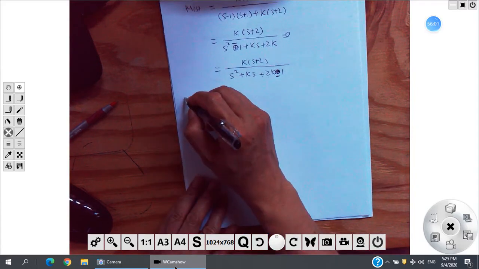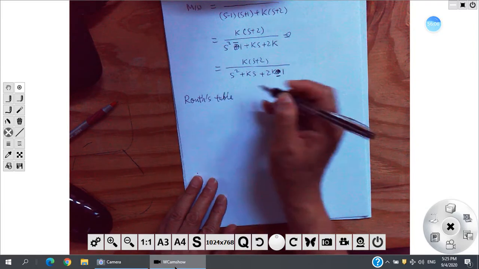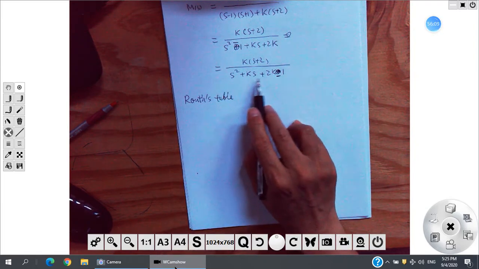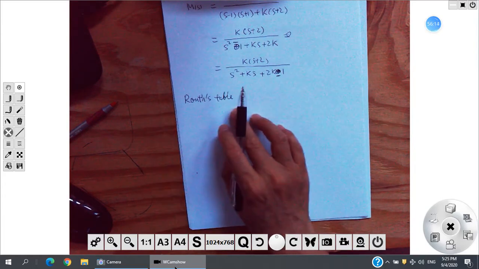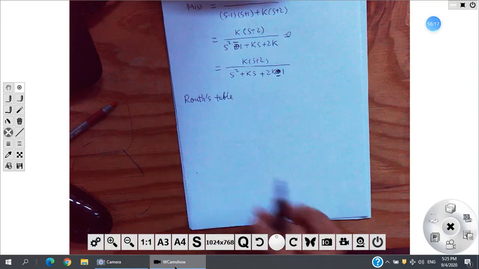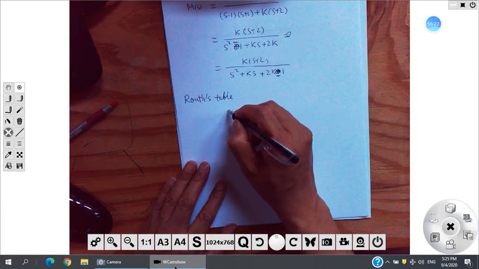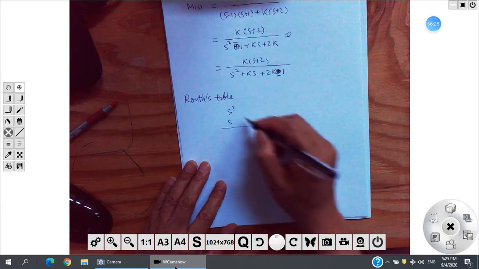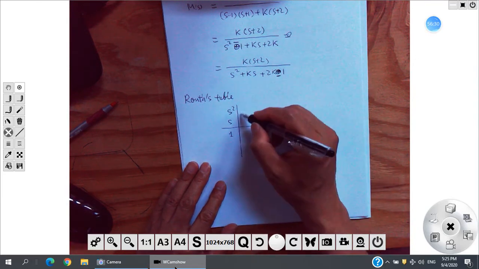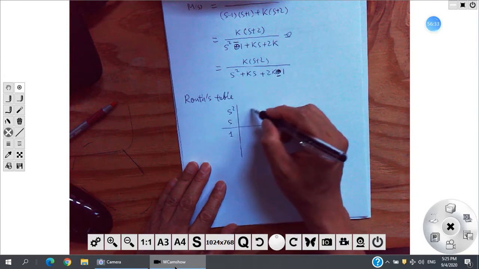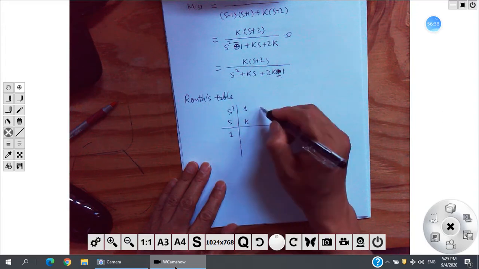Then we check the table. For this one you can also solve directly, but here I want to explain how to use this method. I have s squared and s, and the next will be 1, the first column. Then I put the numbers from the coefficients: 1, then k, then 2k minus 1.